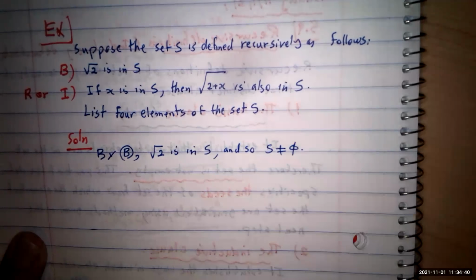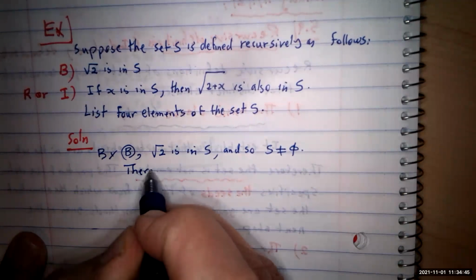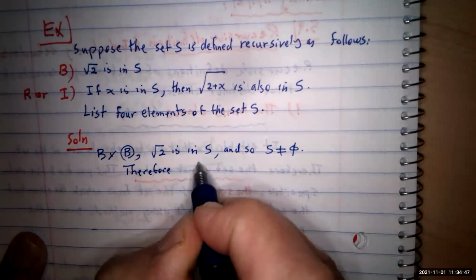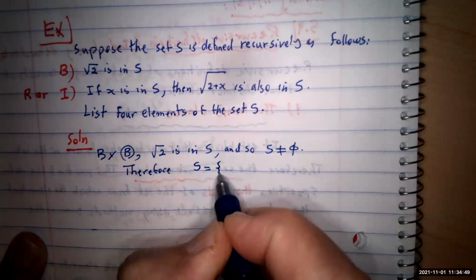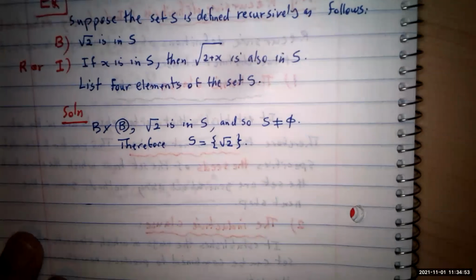That's it. Therefore, to start with, you have a set containing 1 element, radical 2. That's step 1.